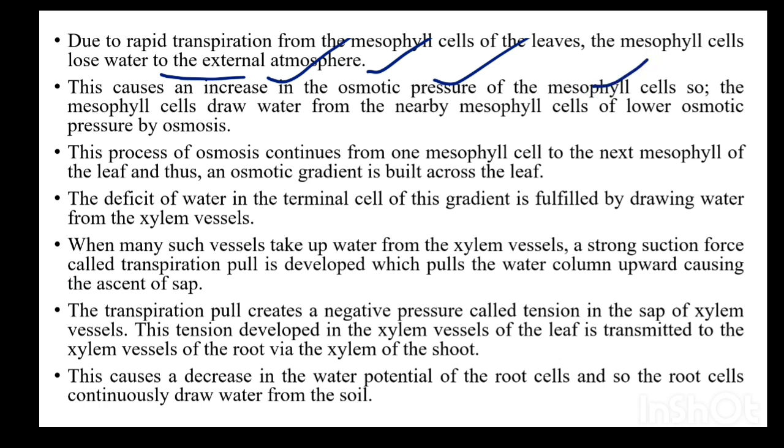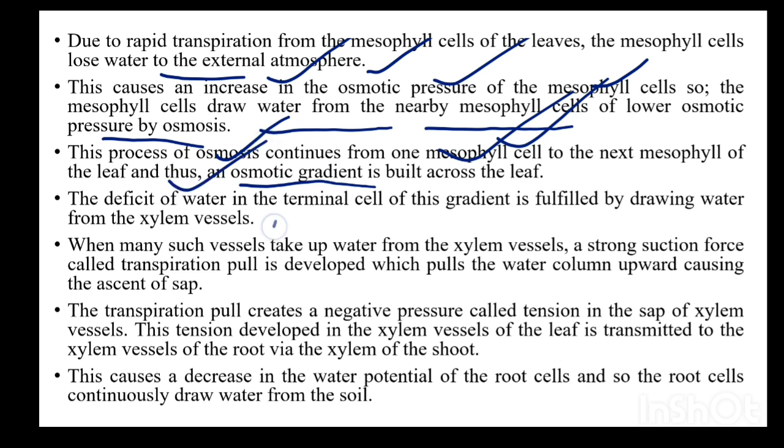So the mesophyll cells draw water from nearby mesophyll cells of lower osmotic pressure by osmosis. This process of osmosis continues from one mesophyll cell to the next mesophyll cell of the leaf. Thus an osmotic gradient is built across the leaf. The deficit of water in terminal cells of this gradient is fulfilled by drawing water from xylem vessels.